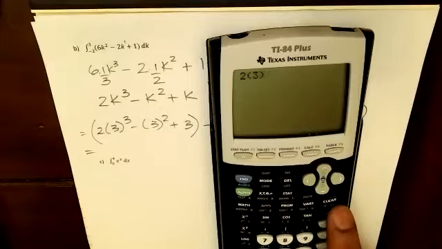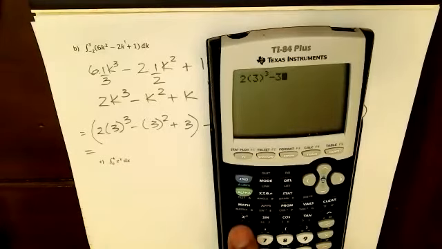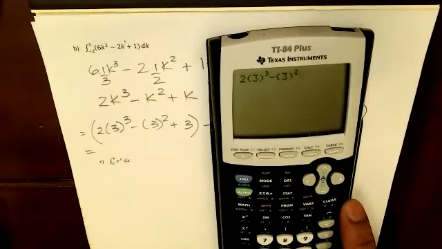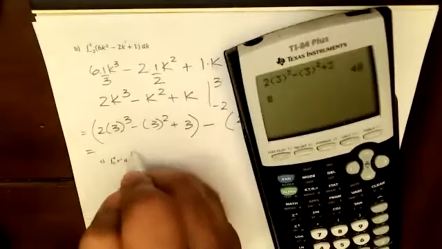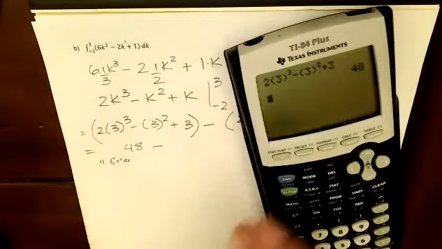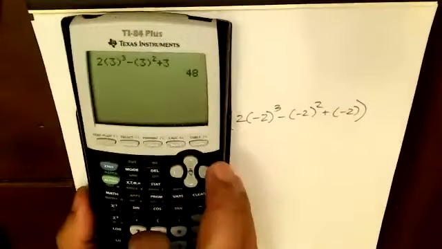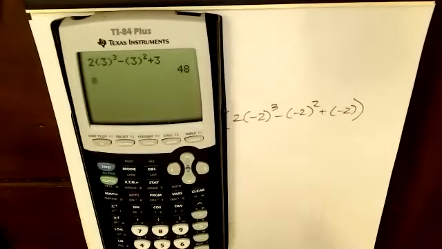Okay, so 2 times 3 power 3 minus 3, you can use parentheses if you want, 3 squared plus 3, that gives me 48. And then minus, now I'm going to do the same thing with -2.